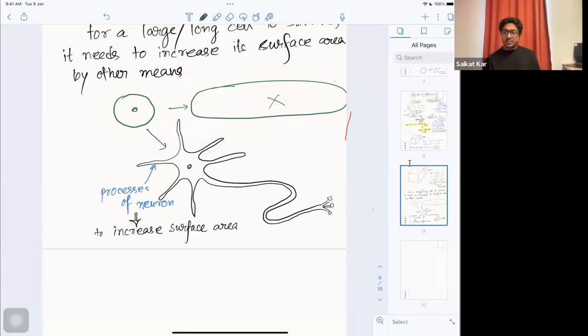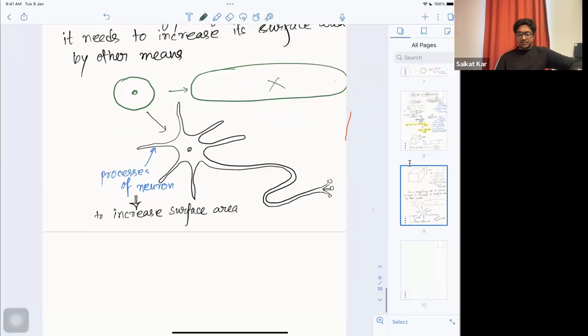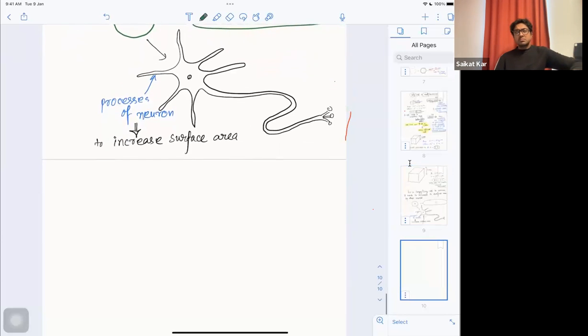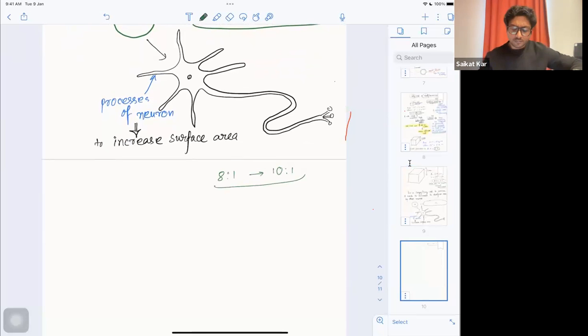Okay, Anish is asking which ratio is perfect. I don't know how to say perfect, but for a good surface area to volume ratio it is around 8:1 to 10:1, some kind of this type of ratio.